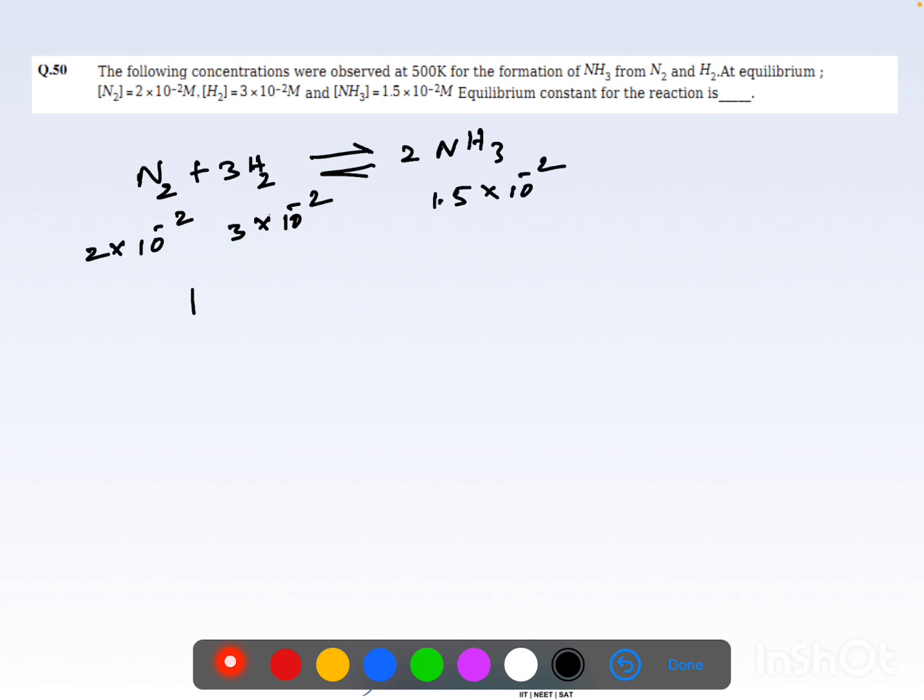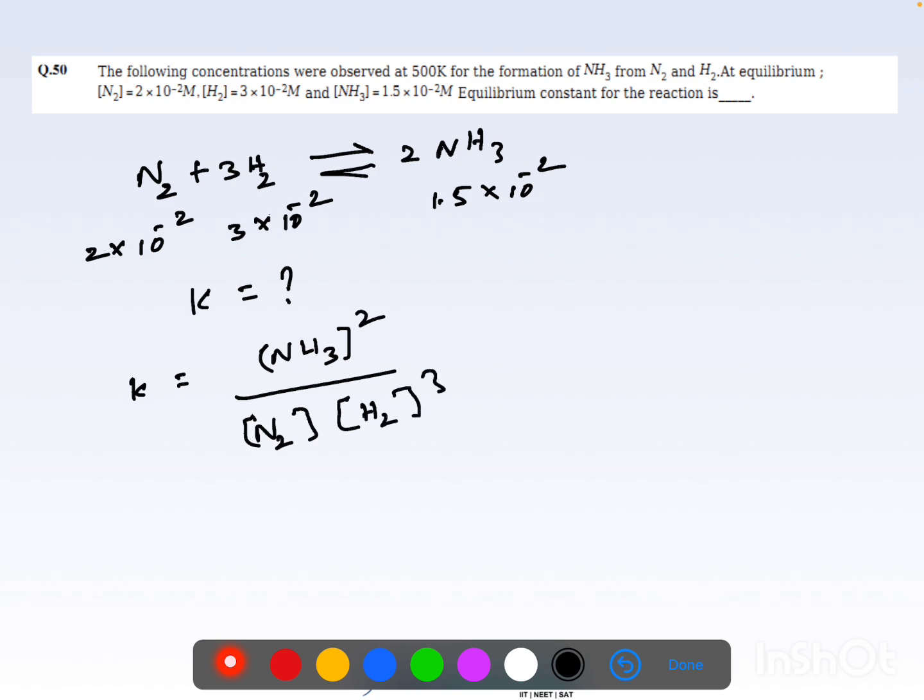They are asking what is the equilibrium constant value. So for this reaction, K will be equal to the NH3 concentration power 2 divided by the concentration of N2 into the concentration of H2 power 3.